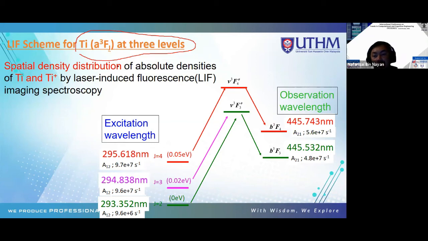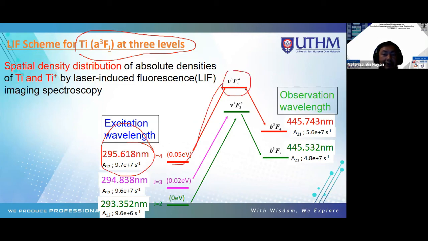I'm not sure whether you have studied this; I think chemistry people know it better. This is the energy level for titanium. We add the laser at this wavelength to excite the atom from this level to this energy level.